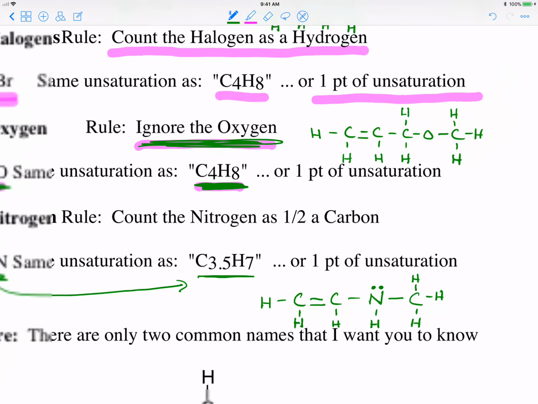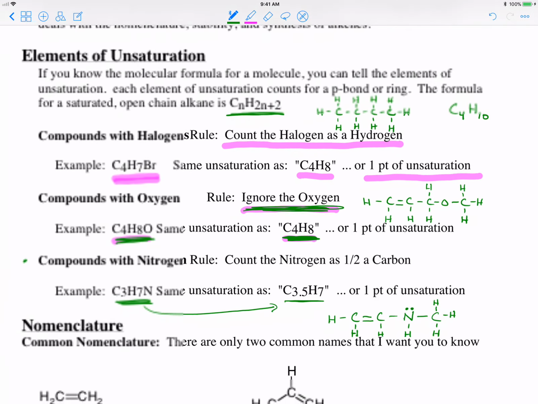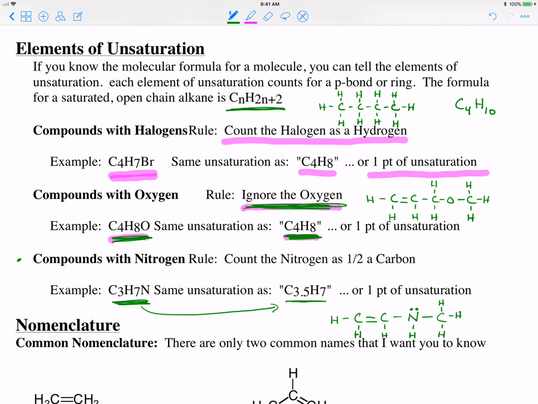So, as a recap, we're going to be using elements of unsaturation in the future. If you just have carbons and hydrogens, then the formula CnH2n+2 works fine.